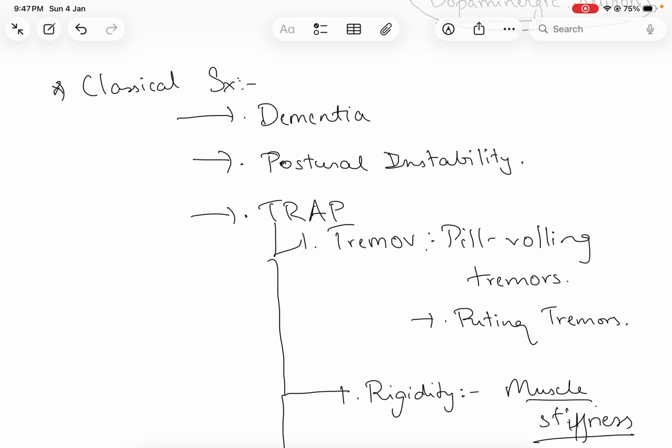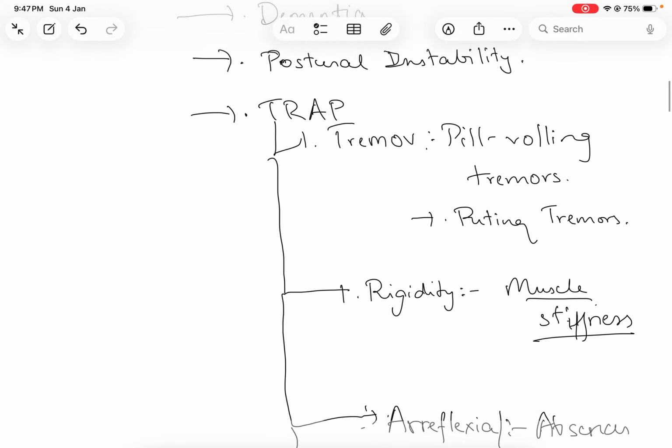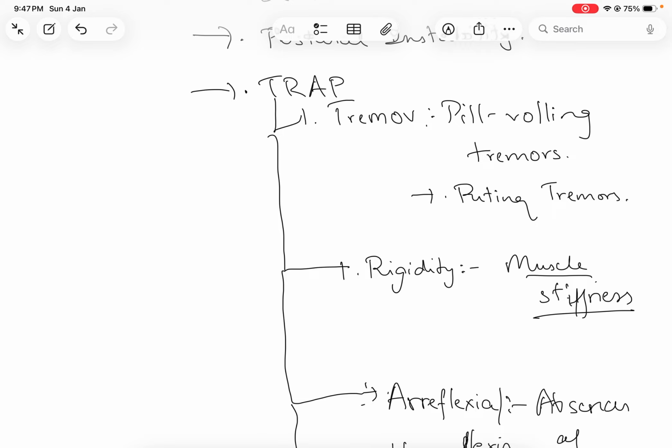Postural instability refers to the loss of coordination and cognitivity, with a huge loss of coordination between the body and its movements. And the third is a mnemonic I have divided into four parts, called TRAP.